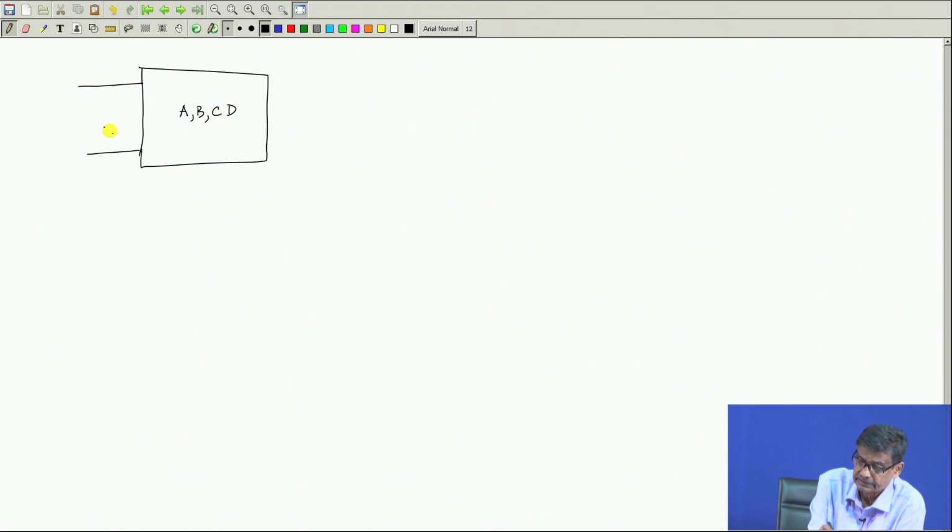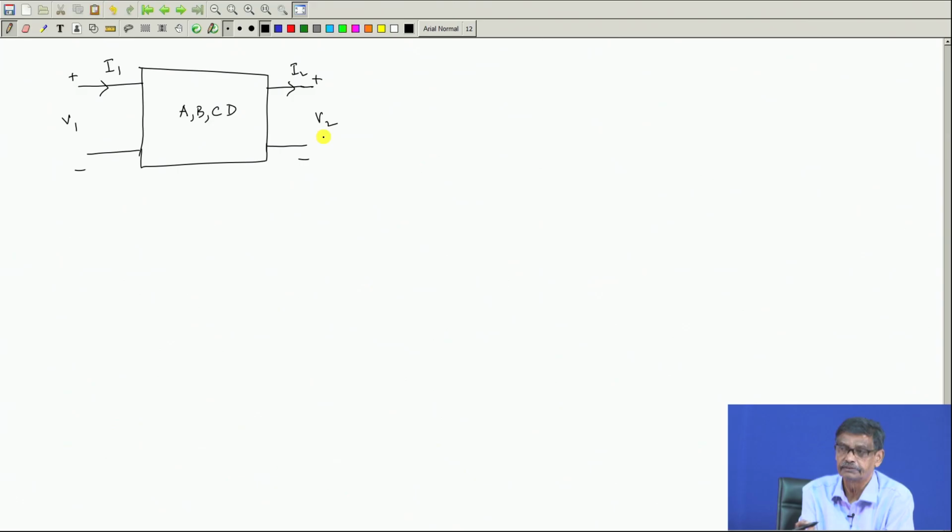This is plus minus V1, this is I1, and for ABCD parameters, what I have assumed earlier, we will keep it, it is like this.